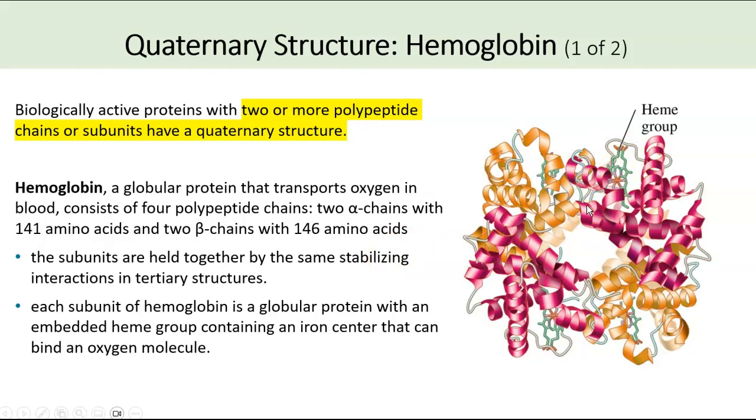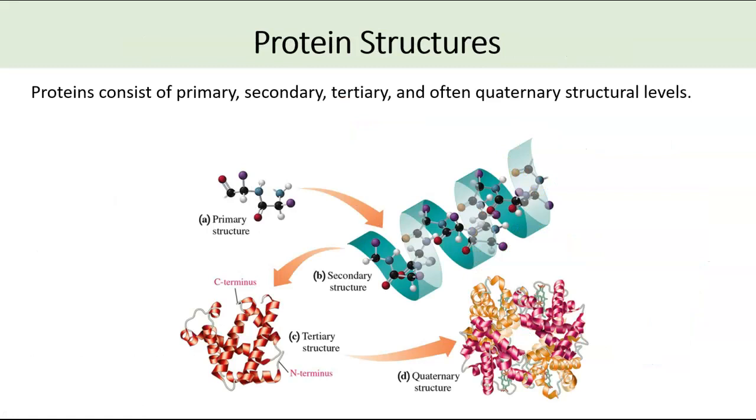So now you can imagine how this works. The primary structure is simply a sequence of amino acids linked by peptide bonds. The primary structure will organize to give a secondary structure by having these hydrogen bond interactions. The secondary structure can be an alpha helix or beta pleated sheets.